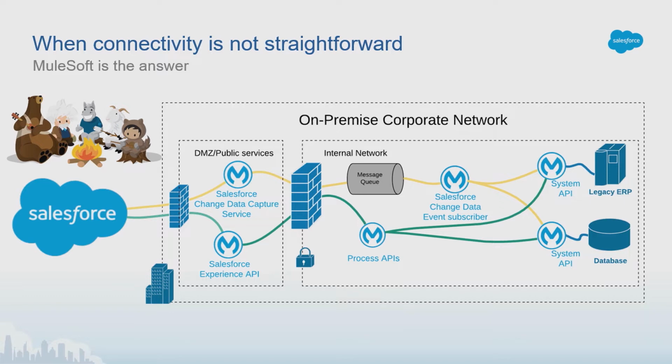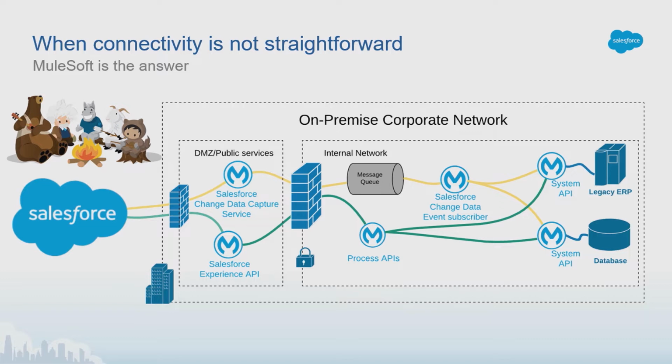Then we can access this data, whether you're doing this aggregation pattern or probably broadcast via APIs. Then these process APIs combine your data, probably do some process orchestration, and then enable access through public APIs.